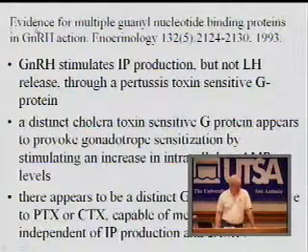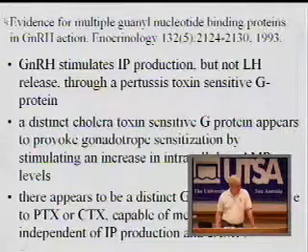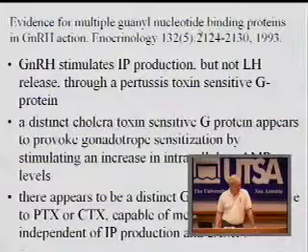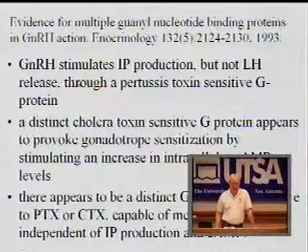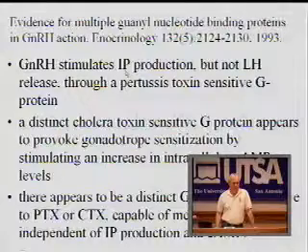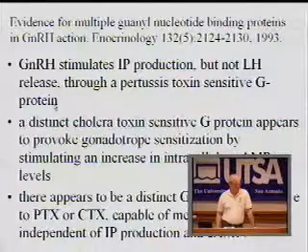So taking another step in looking at the evidence for multiple guanyl nucleotide binding proteins in the GnRH action in this 1993 Endocrinology paper, as we saw, the GnRH stimulates the IP production but not LH release through a Pertussis toxin sensitive G protein.